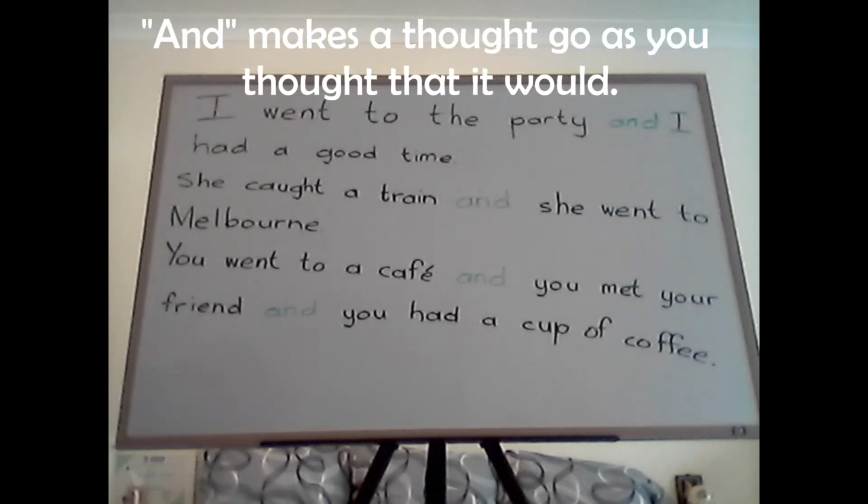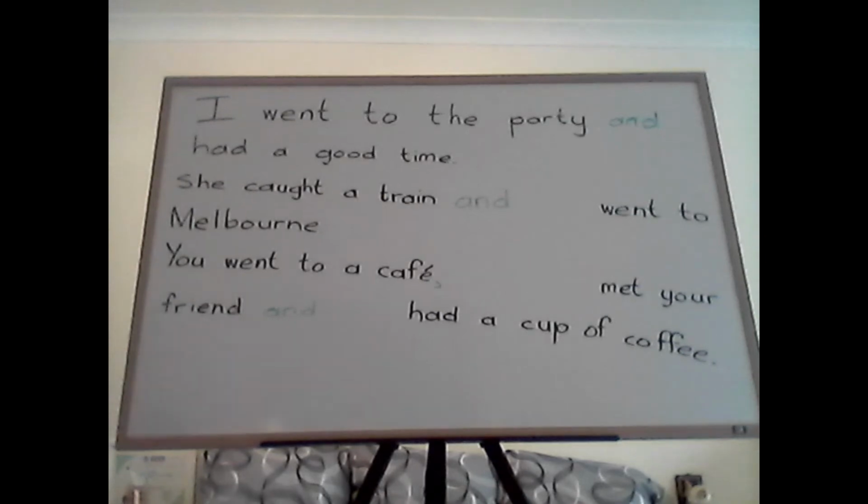I went to the party and I had a good time. Having a good time is what you expect to happen at a party. So we use and. She caught a train and she went to Melbourne. If you catch a train, you expect to go somewhere. You went to a cafe and you met your friend and you had a cup of coffee.